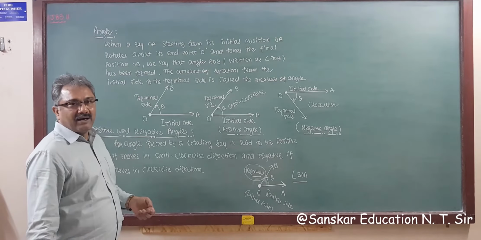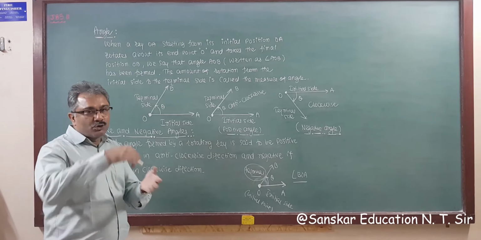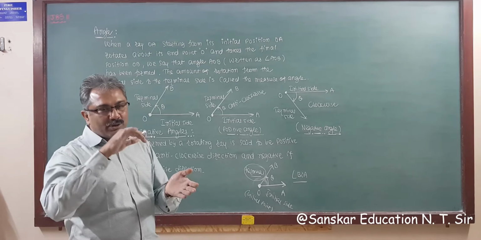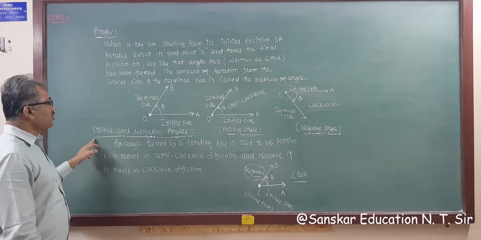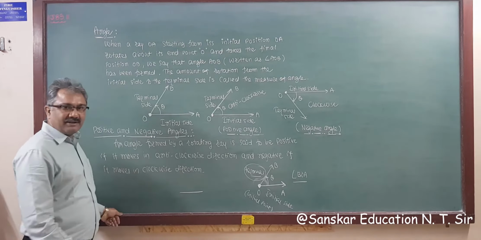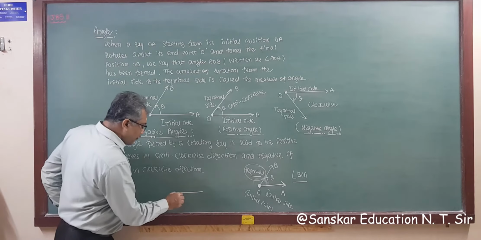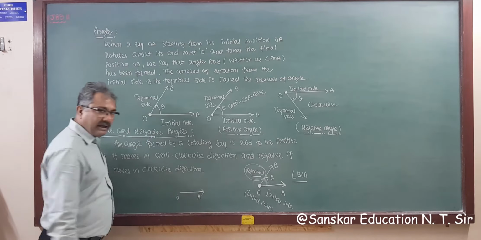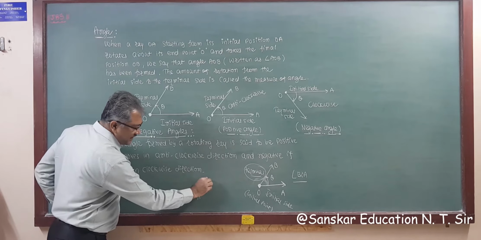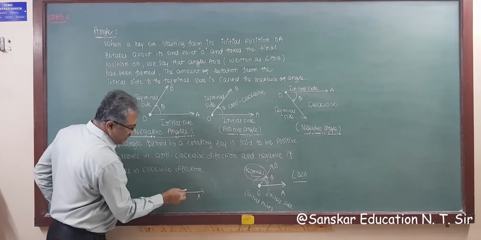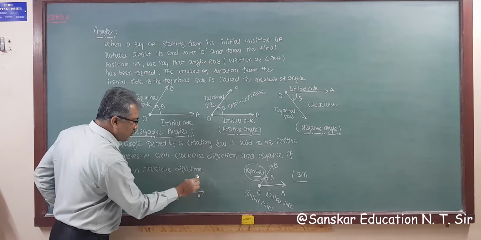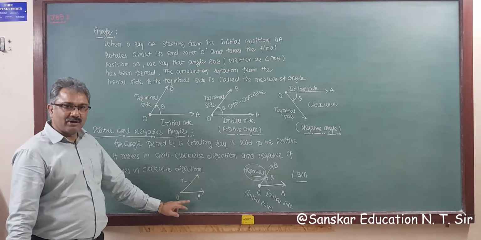Now, as I told you, the direction in which we rotate the angle decides its name. So there are two types of angles, positive and negative angles. Suppose this is your initial side, and if you rotate this ray OA in the anti-clockwise direction, this is the anti-clockwise direction and this is the clockwise direction, then its final position is this OB, your terminal side.